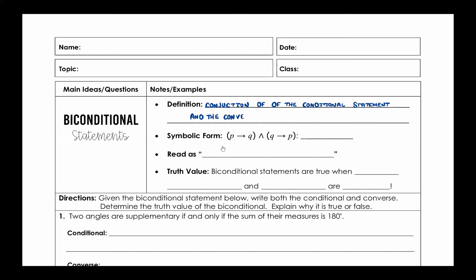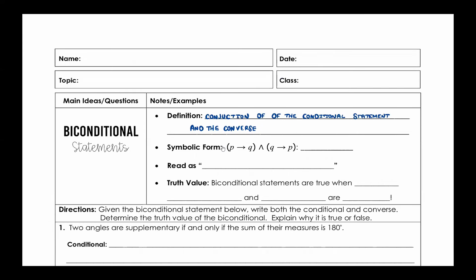I'm going to show you. Buckle up, buckaroo. And in symbolic form, this little guy right here should be a little upside down U. Go ahead and change that. I just think the font wouldn't allow him to put an upside down U.